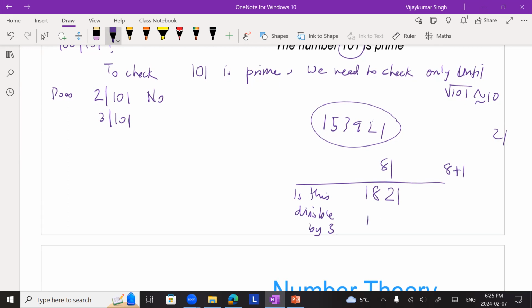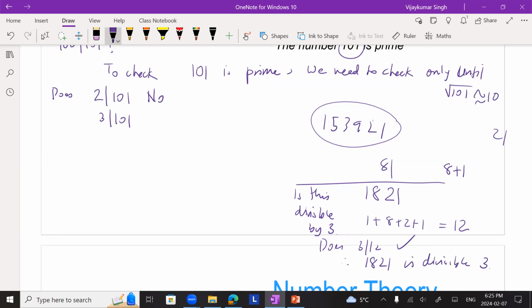You get 1 plus 8 plus 2 plus 1. What is that number? We get 12. So then you ask the question: is 12 divisible by 3? The answer is yes. So does 3 divide 12? The answer is yes. Therefore, 1821 is divisible by 3.